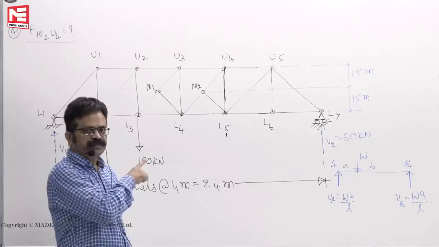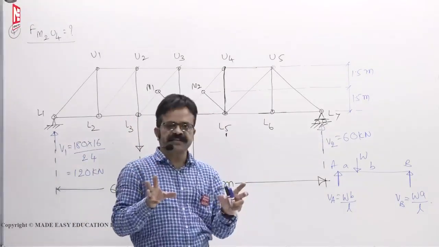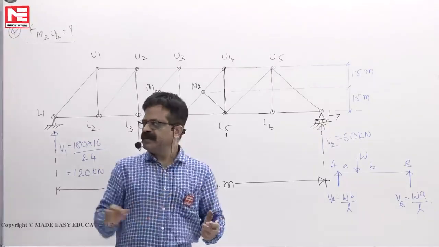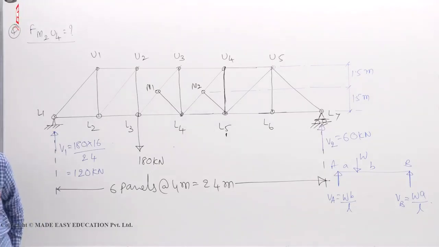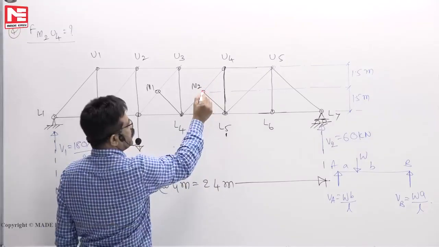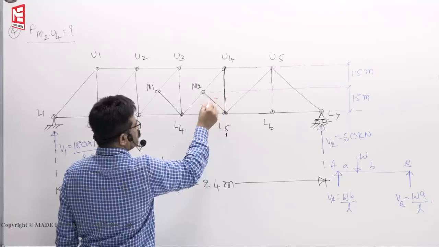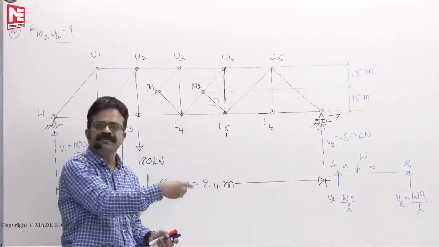I told you about one problem where, because of the symmetry of the structure, internal member forces are the same, and you solved that problem. In this case, now see M2L5. At M2 there are 3 members meeting: 1, 2, 3. Two are in line, so the third must be 0. Somehow we managed to find that M2L5 is 0.